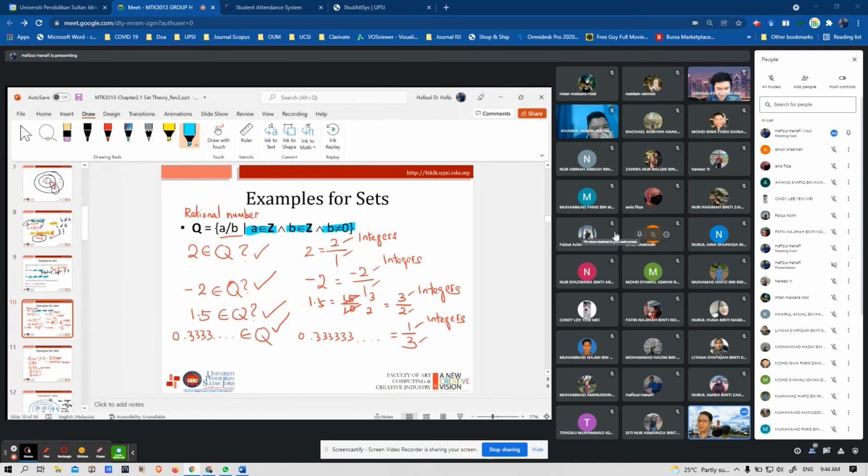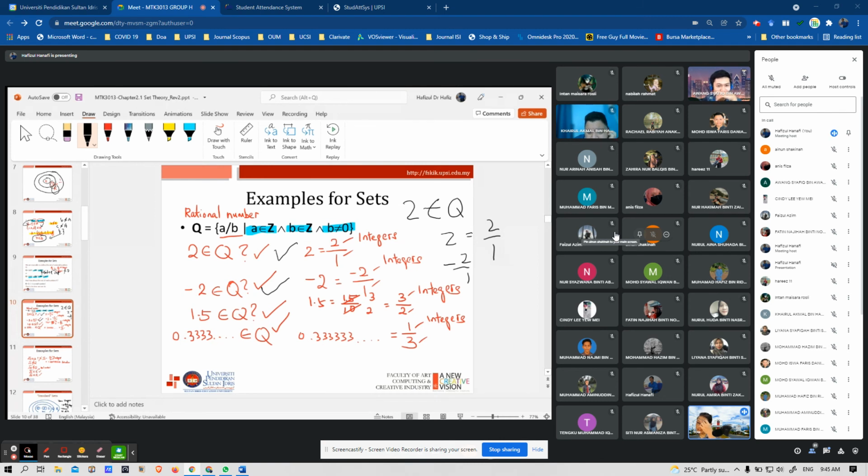And then, is 2 a member of Q? The answer is yes. Is negative 2 a member of the rational numbers? Yes, because you can say 2 equals 2 divided by 1, negative 2 divided by 1.